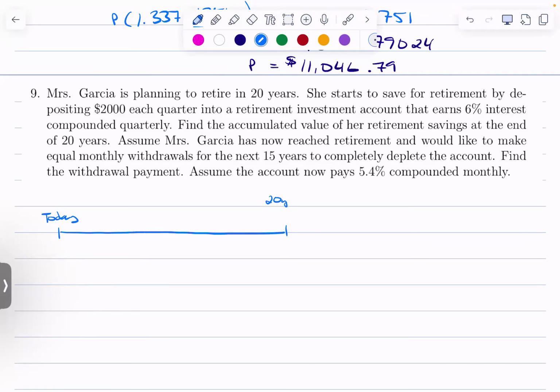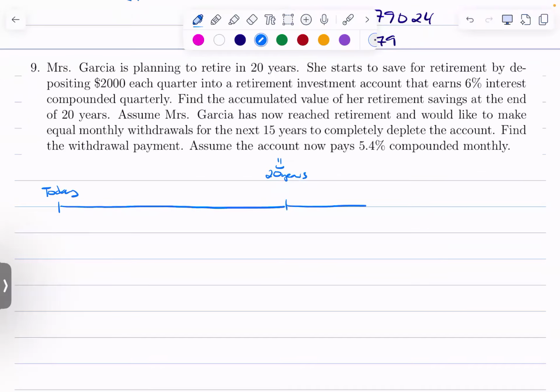It's very distracting with the light. So 20 years from then, she's going to retire. She's happy. But then for 15 years after that, she's going to make withdrawals.